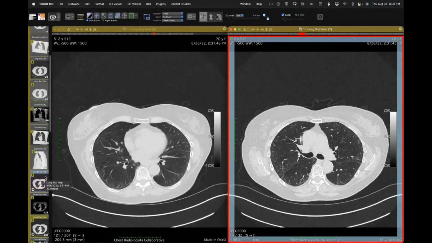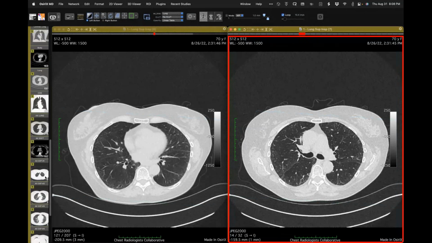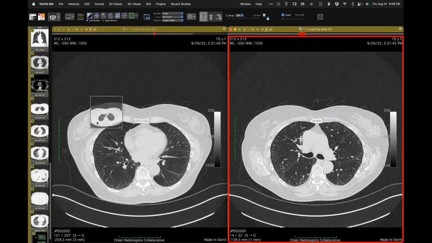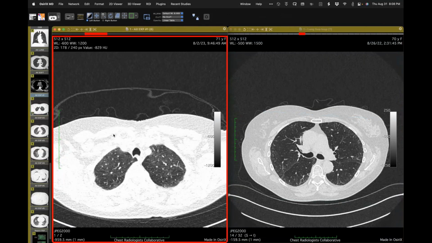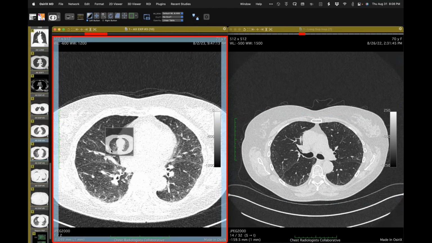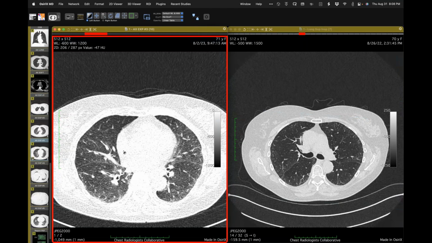So the more recent imaging shows exactly the same findings, but I'll show you the expiration series to show you that there is no air trapping. Here's some selective images for no air trapping.